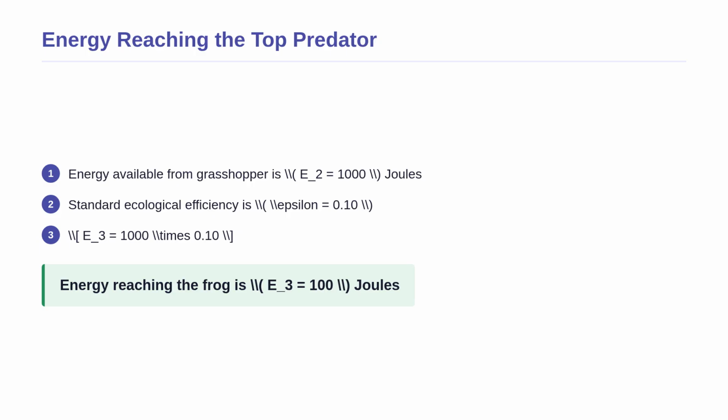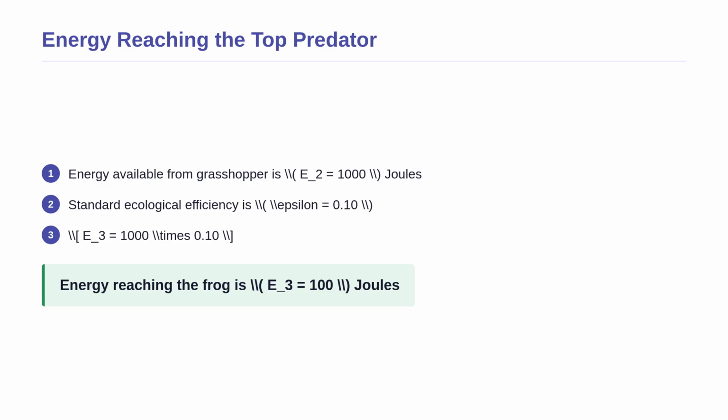Now that we have calculated the energy for the grasshopper, let us perform the calculation one more time to find the energy for the frog at level 3. We take the 1,000 joules available from the grasshopper and multiply it by the 0.10 efficiency again.